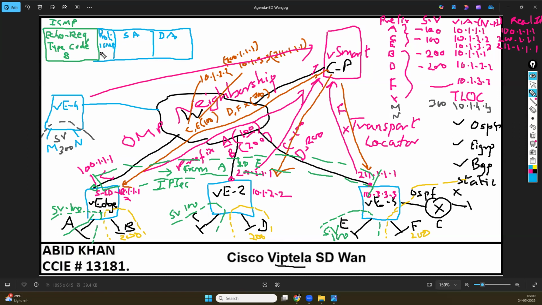And what is the protocol number for ICMP? 1. Source address will be A, let's say A1 something. And let's say it is accessing a server whose IP is something like E5. I'm not defining A and E addresses exactly. So this becomes the packet. This is the original packet.